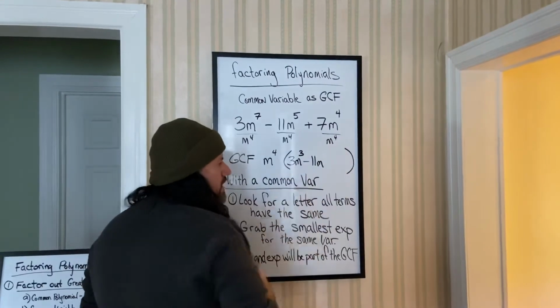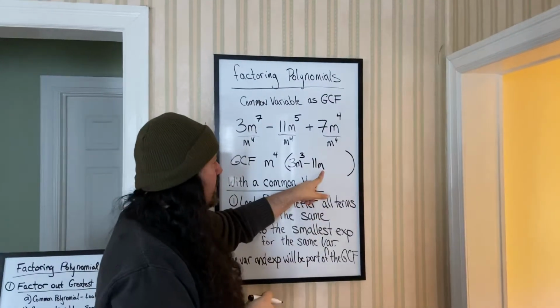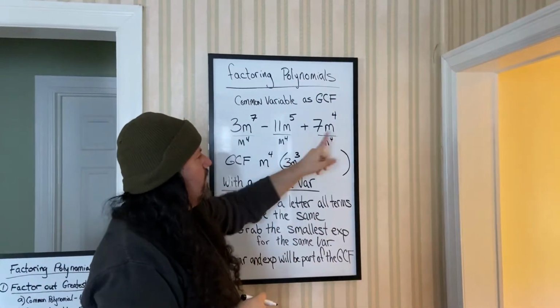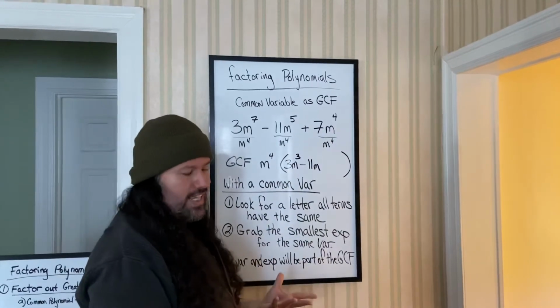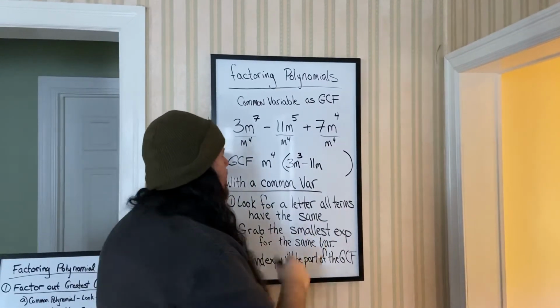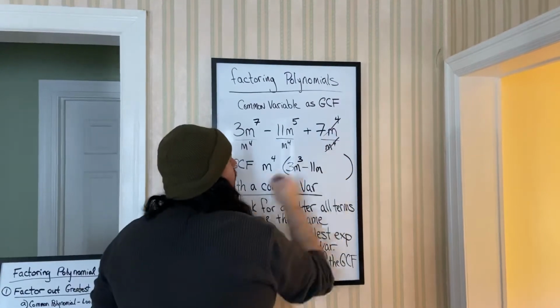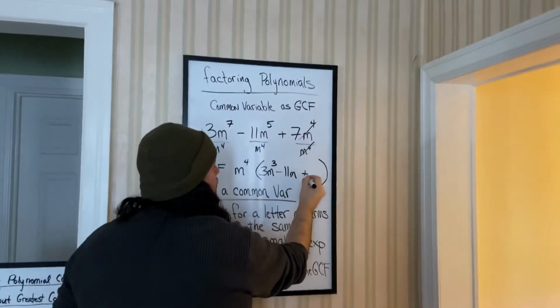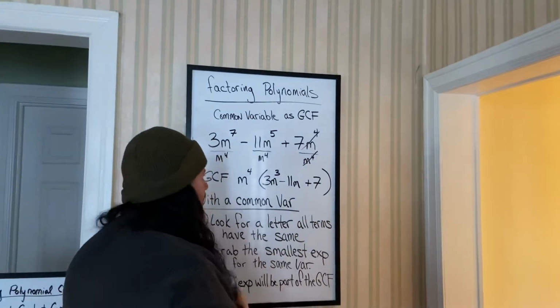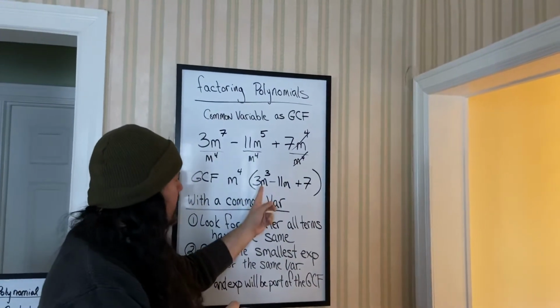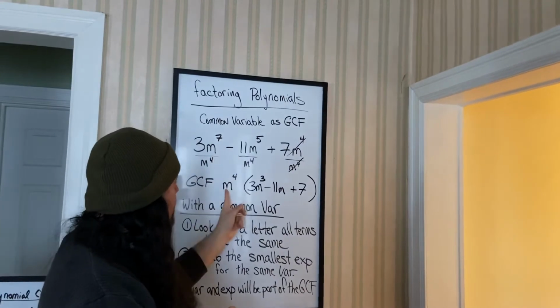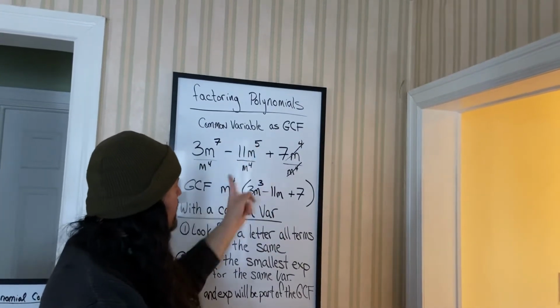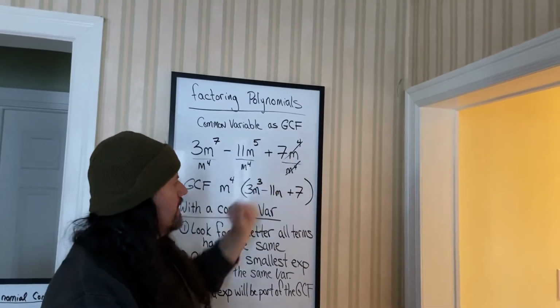It's understood that there's 1 left over. And here, m to the 4th and m to the 4th, they cancel out. Anytime there's a tie, all the m's are gone, but we still have the coefficient of plus 7. The reason why you want to put it as plus 7 is because when you distribute this out, this times this, you're going to get the original. This times this, you'll get this. And this times this, you're going to get this.